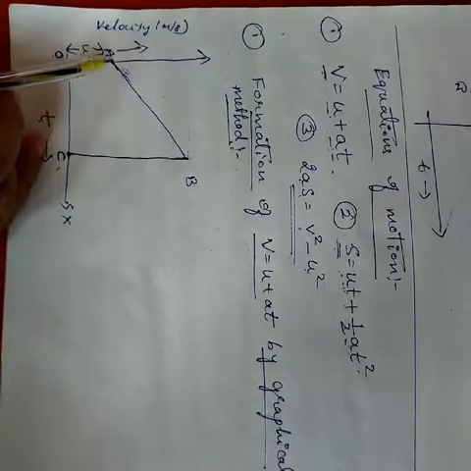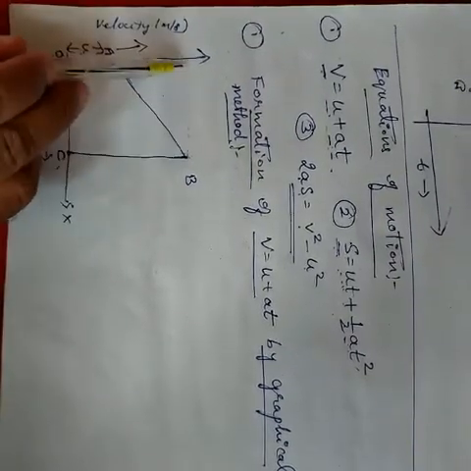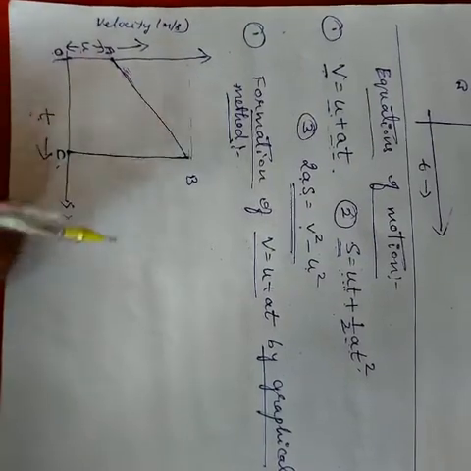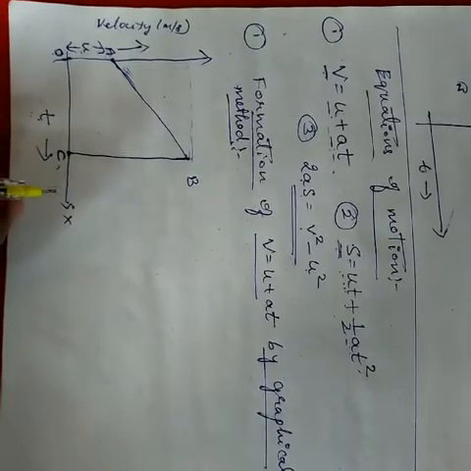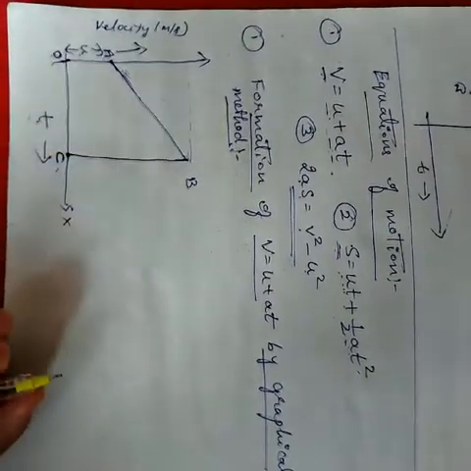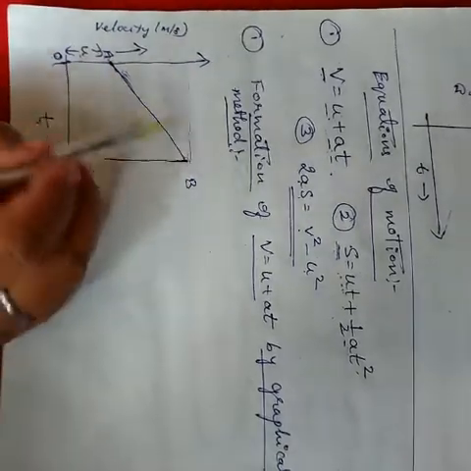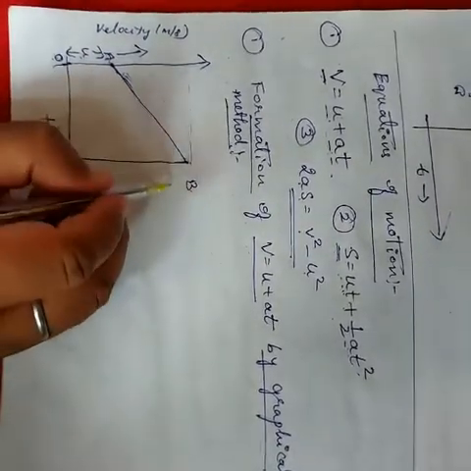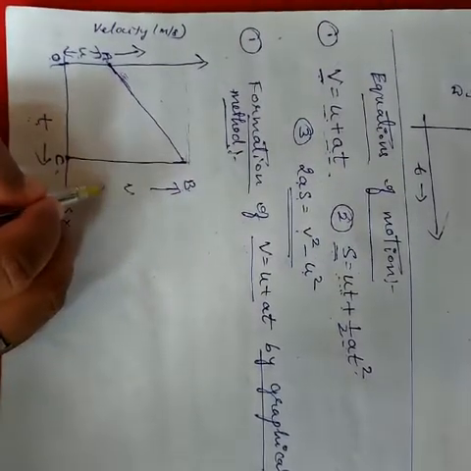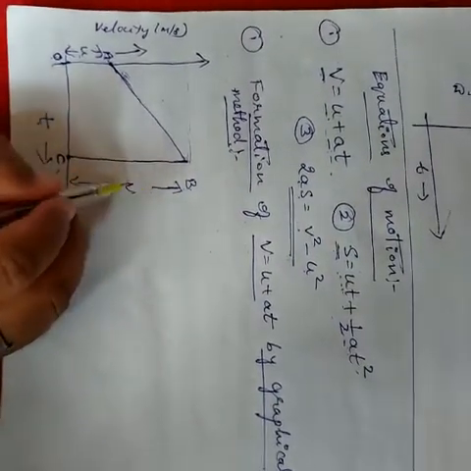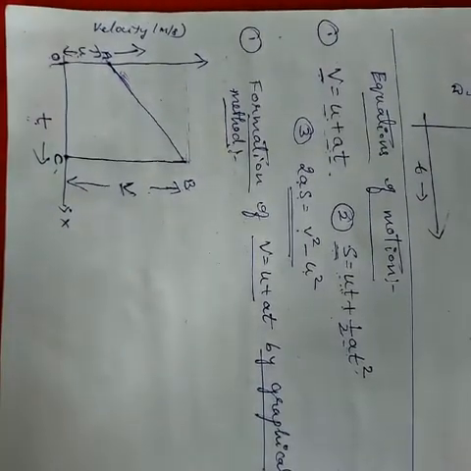From point A to B the velocity goes on changing, so this shows the change in velocity. First you draw it like this. Next you write down that from point A to B the change in velocity happens. This is the final velocity and this one is the initial velocity.